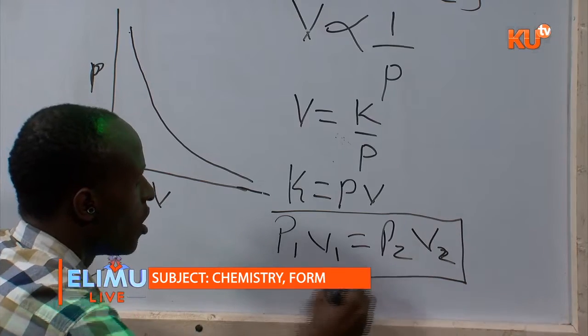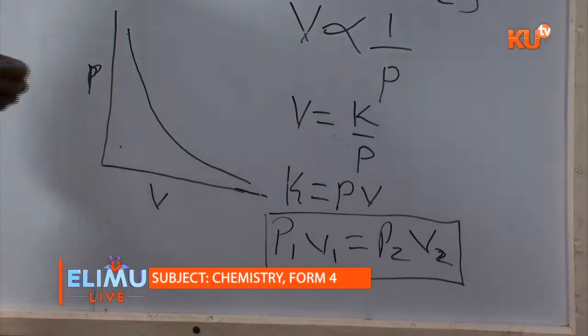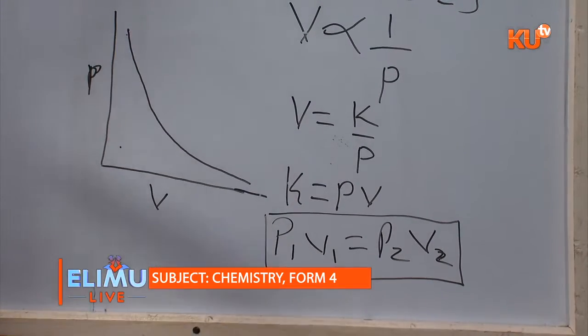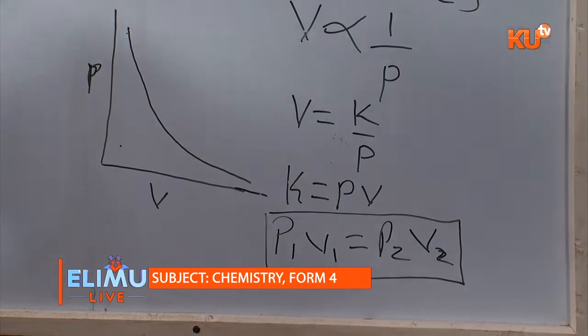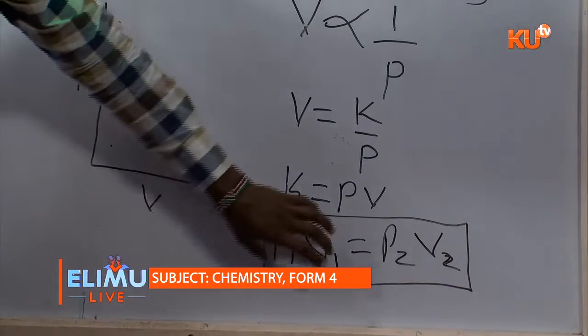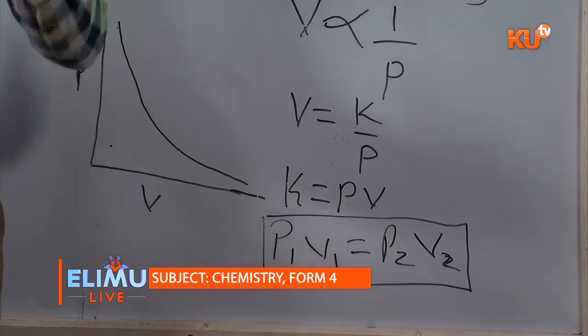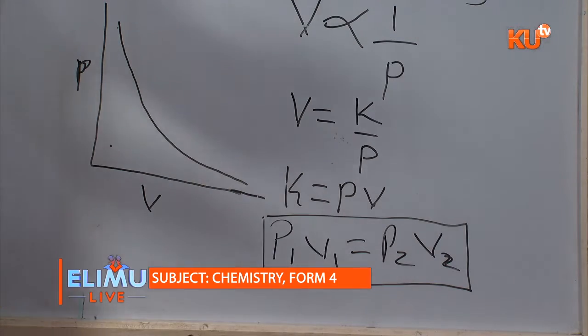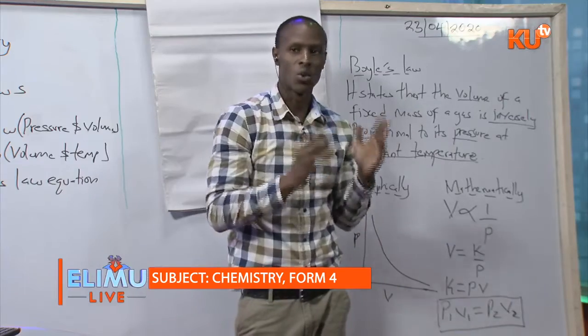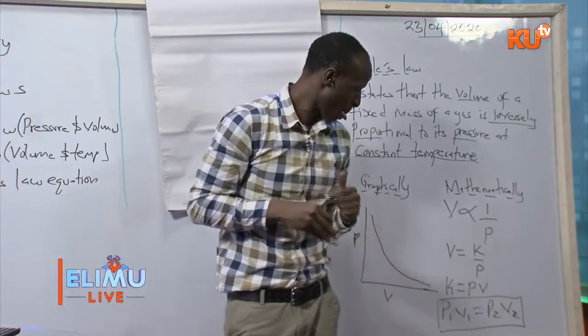That's Boyle's equation. The product of pressure and volume of a gas will always be a constant.